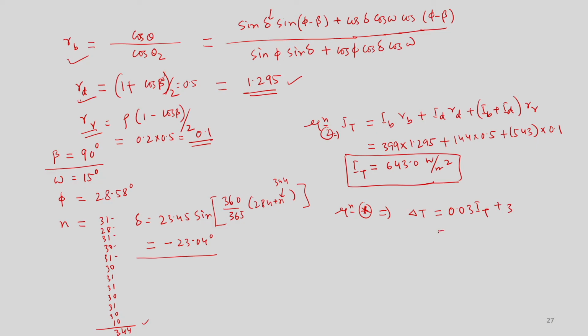If we substitute this value here, delta T will be 22.29 degree C. So delta T is 22.29 degree C.